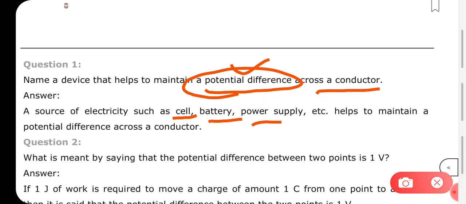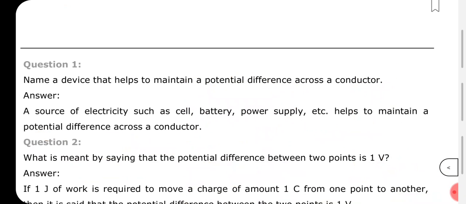So what is it doing? It is the one that is actually maintaining the flow of electrons, or flow of current. So that helps to maintain the potential difference as the current is flowing.